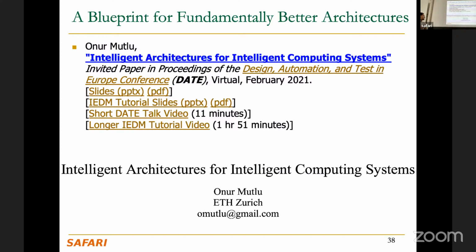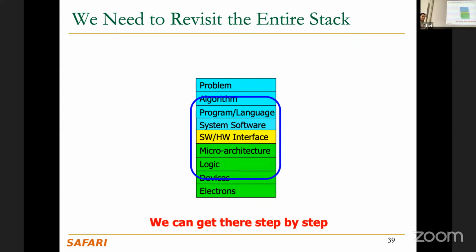There is a talk called Intelligent Architectures for Intelligent Computing Systems, where those components are elaborated. Basically, if you want to design these more balanced systems, we need to revisit how we are designing systems today.